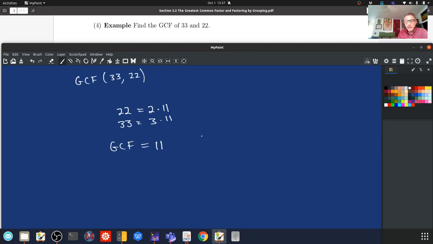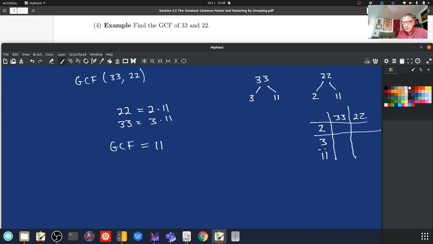so the GCF is equal to 11. And you would find that exact same answer if you looked at the whole factor tree method, and you would quickly discover that the factor tree is pretty sparse in branches, and there you would have 2, 3, and 11 as your prime factors. 33 and 22. 0, 3, 1, 1, 0, 1.